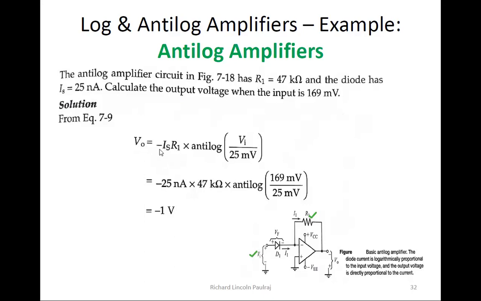So I is the IS, and R is going to be R1 into anti-log of the full formula that we saw previously. So here IS is going to be taken as 25 nanoamps, and R1 we have as usual 47 kilo ohms, anti-log VI, the input voltage is actually predefined as 169. So can someone tell me, are we getting -1 volt?